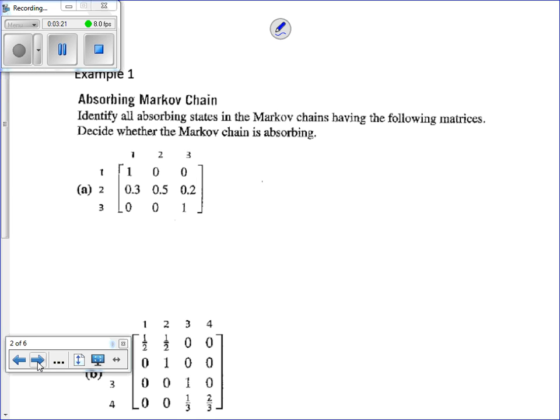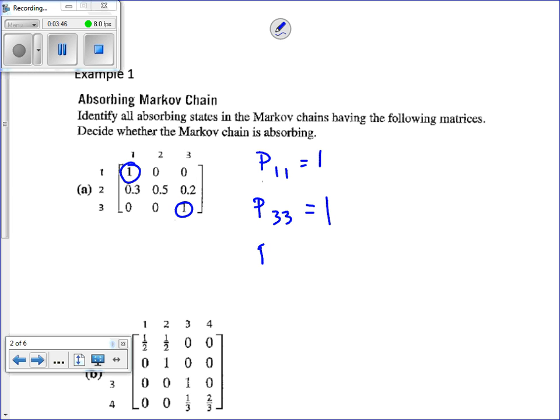I actually have 2 absorbing states. I have one here because the probability of going from state 1 to state 1 is 1. So I can't get out of there. I can't go to state 2. I can't go to state 3. And I have another one where the probability of going from 3 to 3 is 1.